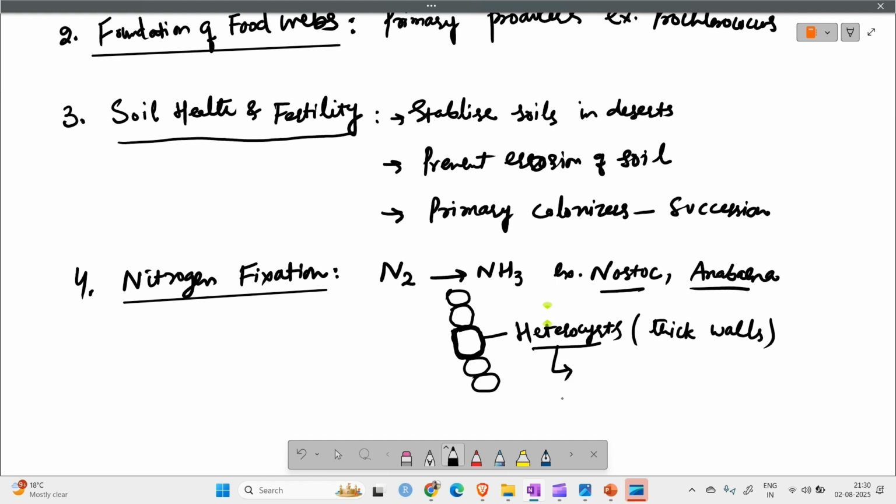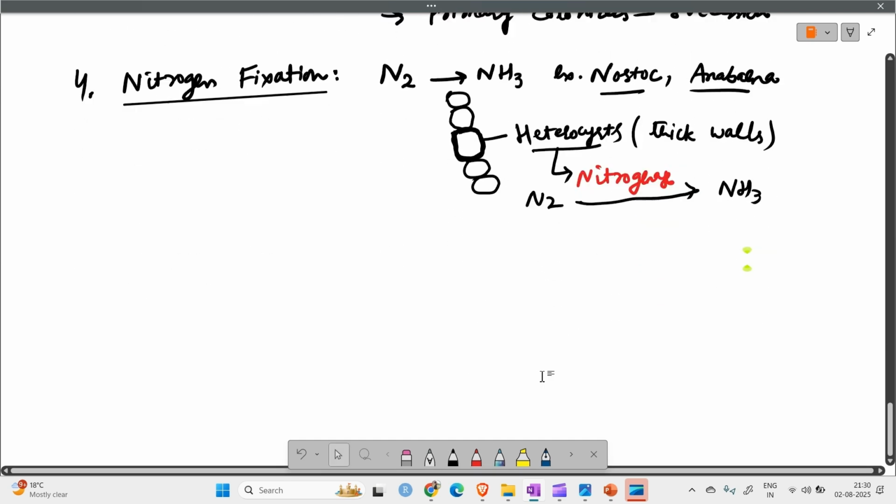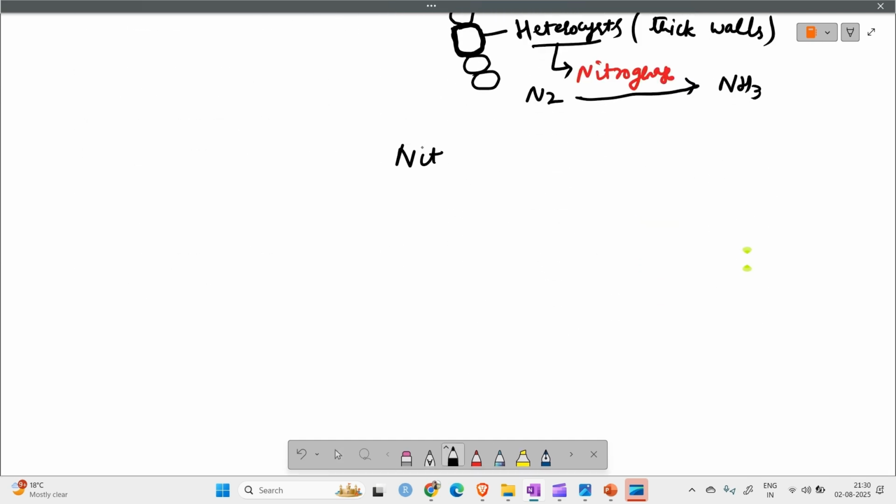Because these cells contain nitrogenase, which brings about the fixation of N2 to ammonia, which is then used by the symbiotic partner of these cyanobacteria. So this nitrogenase is sensitive to oxygen.